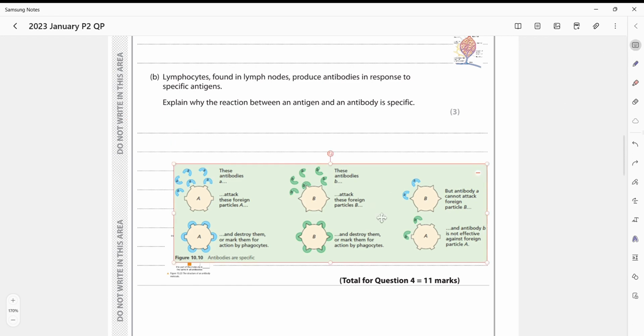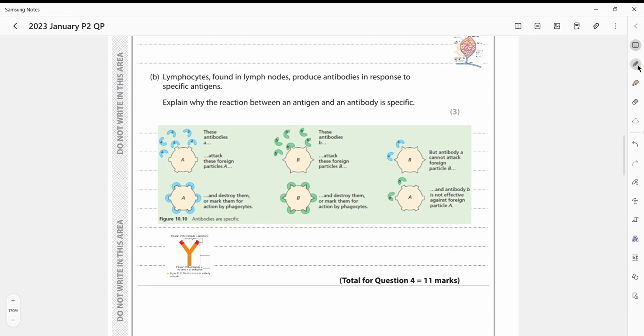Let me just bring this back again. So these A antibodies are only going to recognize these A antigens that are found on the pathogen. Likewise, these B antibodies are only going to recognize and bind to the B antigens.